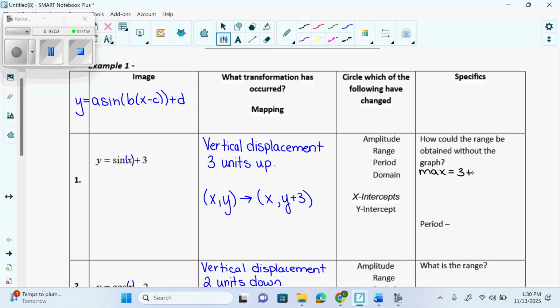And then what's my amplitude? 1. So I have a horizontal line at 3 and I go up 1. So what's it going to be at now? 4. And then my minimum, I have a horizontal line at 3 and I go down 1. So what's it going to be at? 2. If I do it in interval notation, it's 2 comma 4.